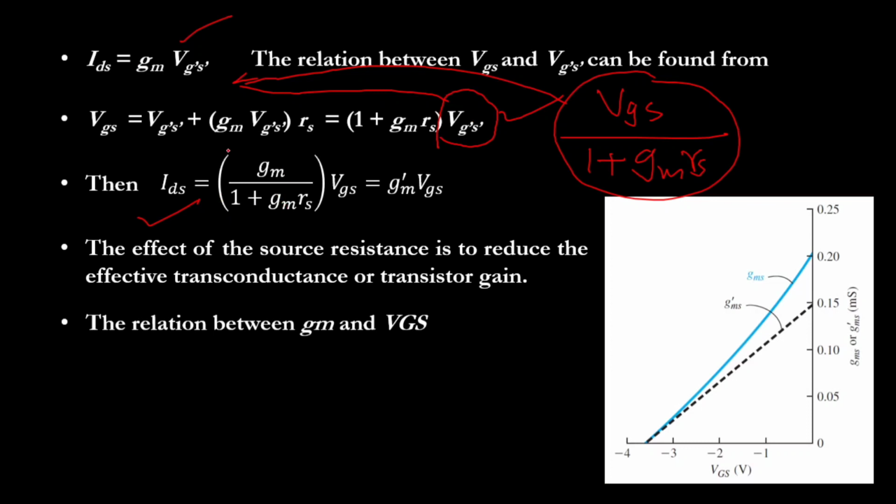This term I am going to represent as g'm. So finally IDS is equal to g'm VGS. The effect of source resistance is to reduce the effective transconductance or transistor gain.